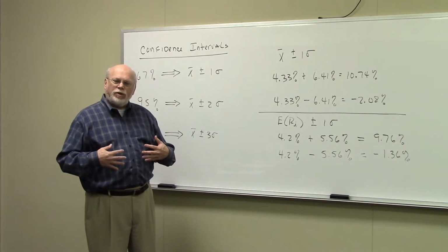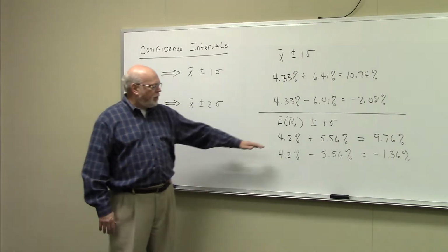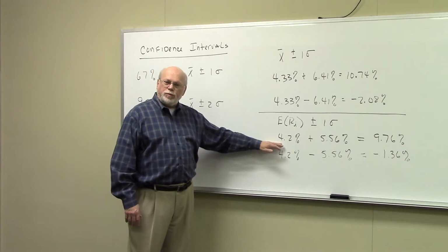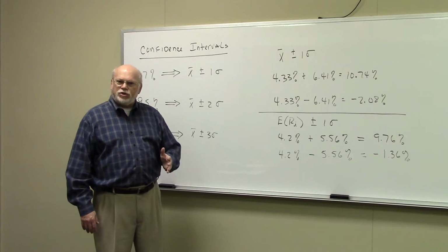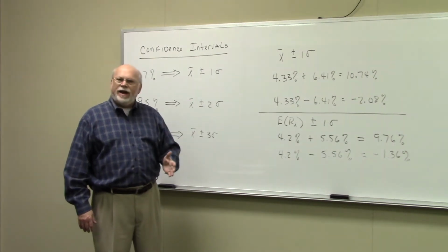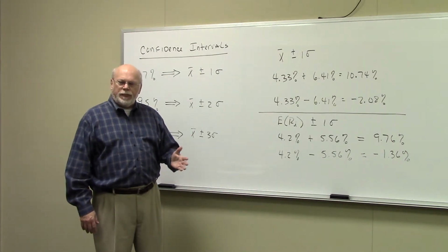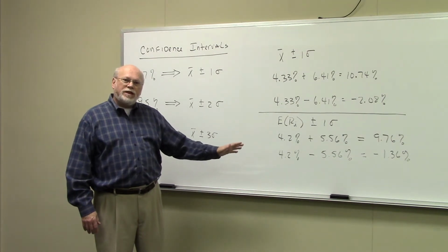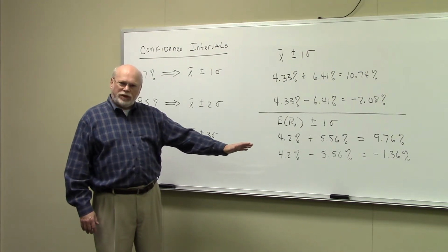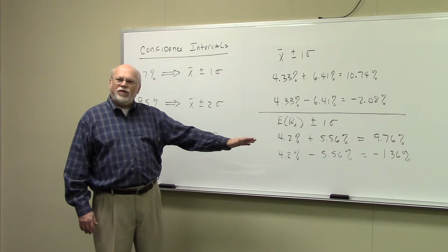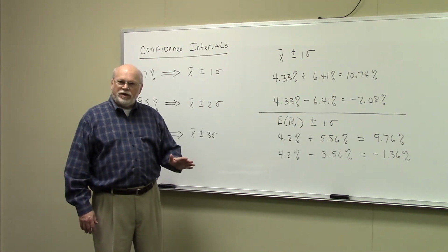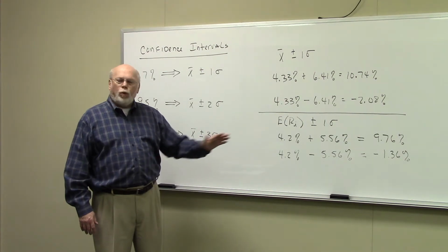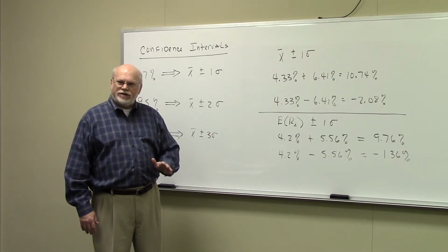So in our example that we went through in a previous video, the mean was 4.2%, the expected return. You add 5.56% to that, and you get 9.76%. If you take the mean or expected return and subtract one standard deviation, subtract 5.56%, you get the low end of the confidence interval, which is a negative 1.36% in this case.